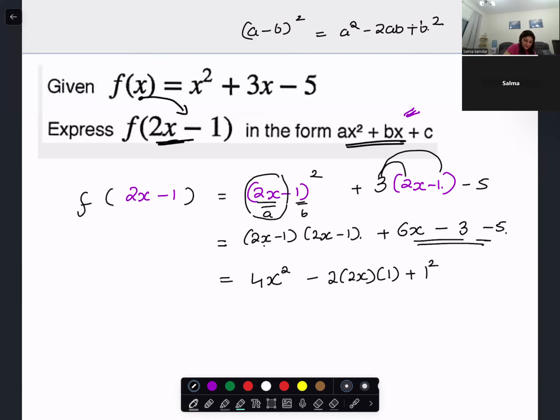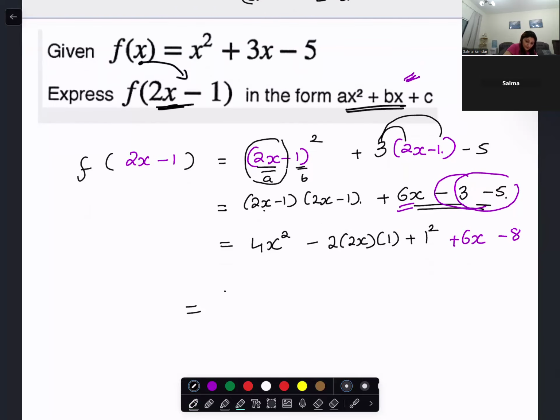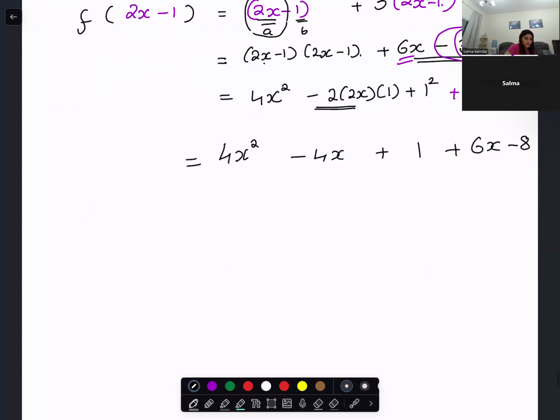Now over here, minus 3 minus 5 would give me minus 8, and this plus 6x I will write like this. Now this will make it 4x square minus 4x plus 1 plus 6x minus 8. I will get the like terms together. So 4x square.